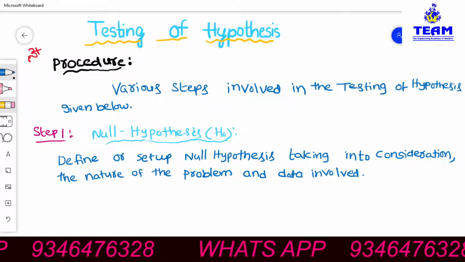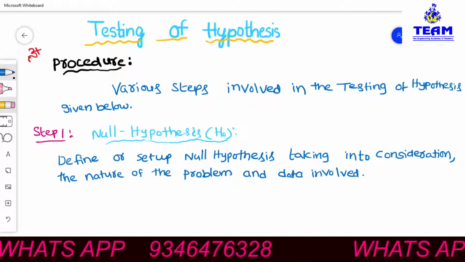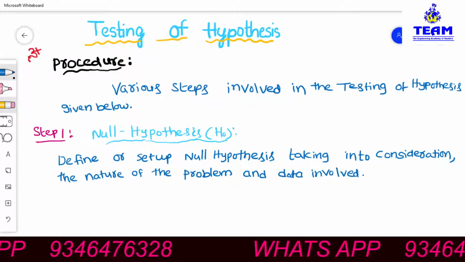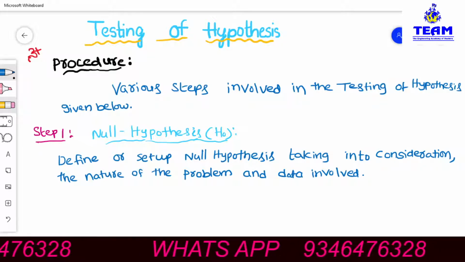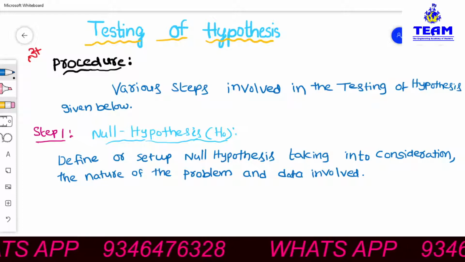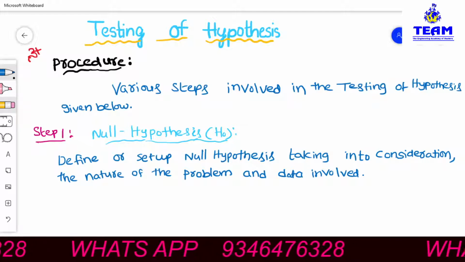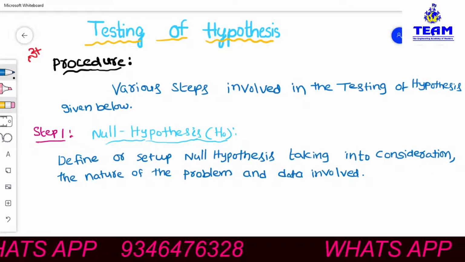Procedure of testing hypothesis is as follows. Various steps involved in the testing of hypothesis are given below. In the first step, we are discussing the null hypothesis, which can be represented by H0, sometimes H naught.